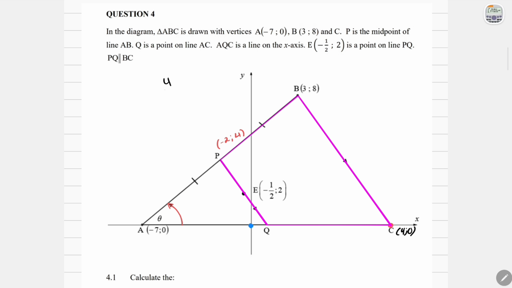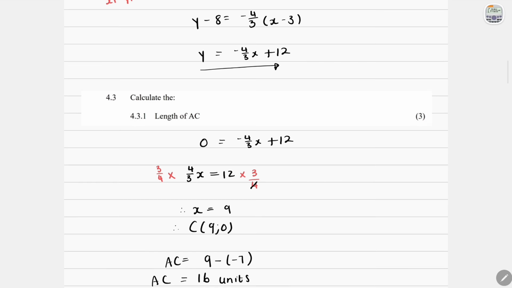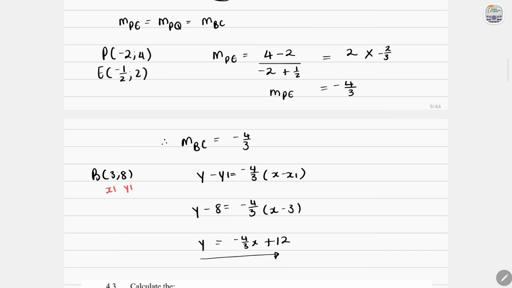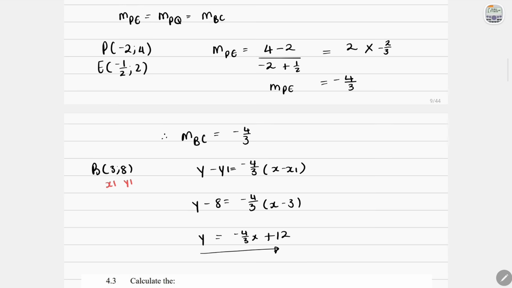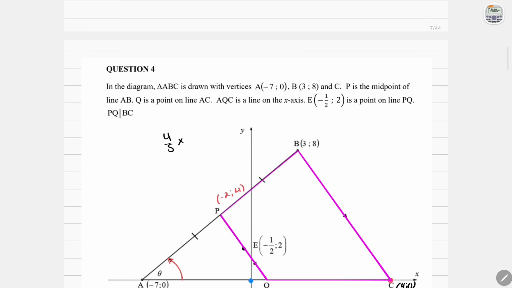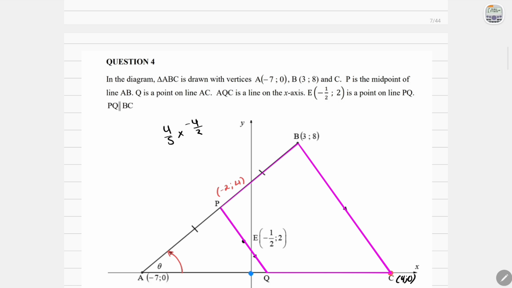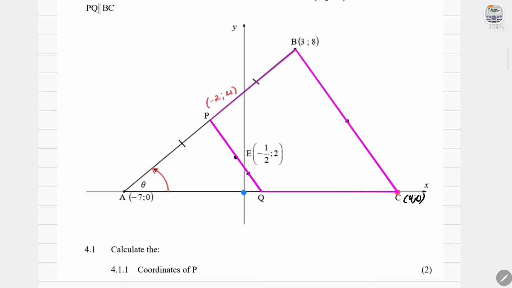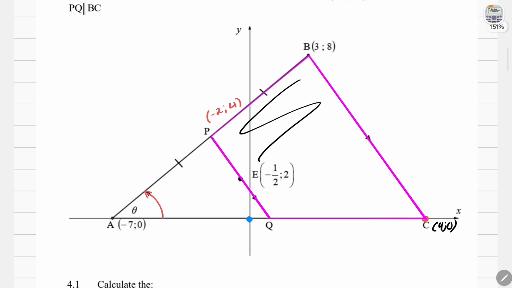If you multiply that by the gradient of BC, which we already found to be negative 4 over 3, you can already clearly see they're not going to give you negative 1. If these lines were perpendicular, forming a 90-degree angle, then the gradients multiplied should give us negative 1, because that's a property of perpendicular lines. So we clearly can't use that, and we can't even find the area as a trapezium.